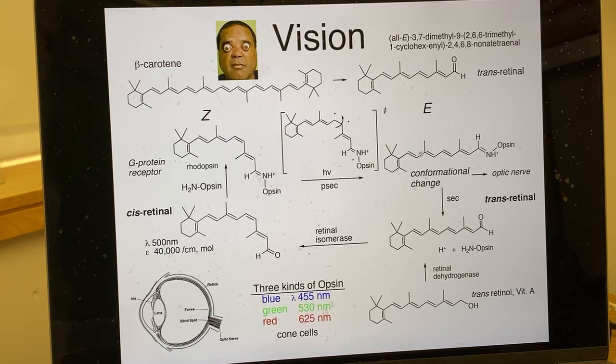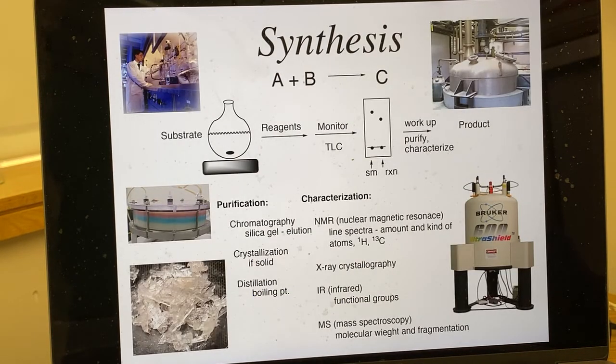There's a change in the conformation then of a G-coupled protein that leads to signals that go into the optic nerve and then into the brain, where the vision is actually created in your mind, right? But the mechanics of how light is harvested is based on the isomerization of this rather simple organic compound.